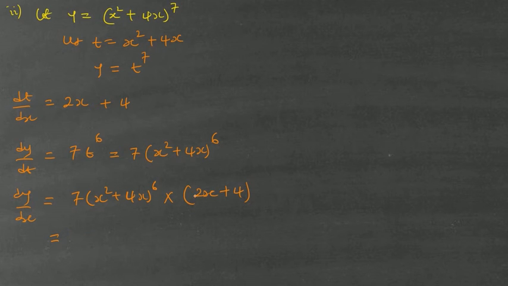If I factor out a 2 here, it multiplies with the 7, giving me 14 into x squared plus 4x to power 6, into x plus 2. And that is the answer.